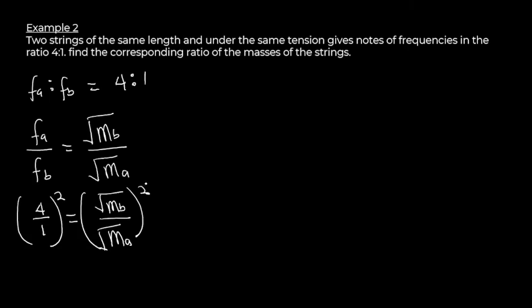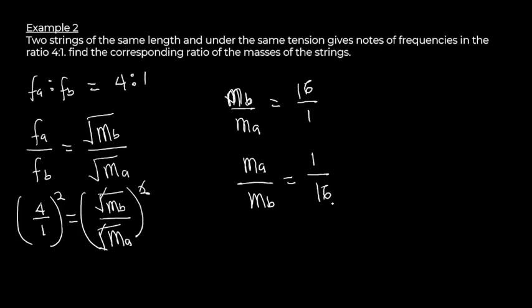If we do that, we get rid of the root signs, and then we have Mb on Ma equal to 4 squared, which gives 16, and 1 squared, which gives 1. If we interchange the position to have our A at the top, Ma on Mb will be equal to, interchanging this side as well, 1 is to 16.